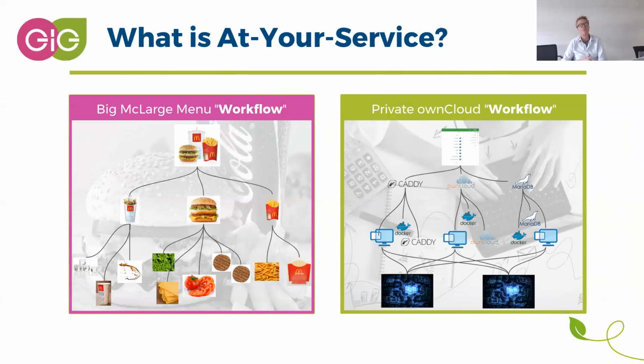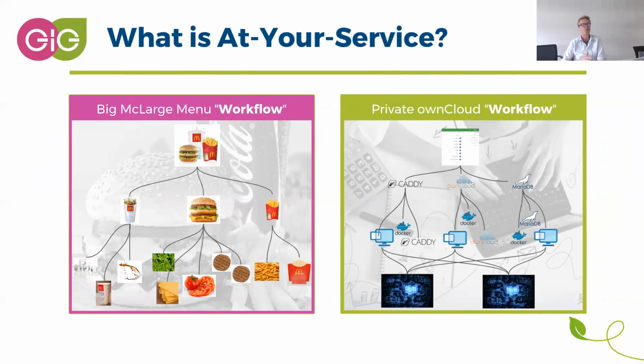And the Dropbox web application needs a Caddy server for HTTPS, or needs MariaDB. And at a lower level, you see that some of these things run on Docker containers, and some other stuff runs in virtual machines. And at a lower level, you typically need a place where you can deploy all this, where you can host all this. And that's basically what is all included in the template.